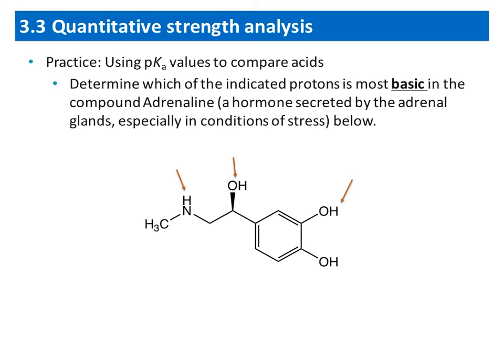And then the second step is to find the pKa values from the table. So the pKa for an amine is 38, alcohol is 16, and phenol is 9.9, approximately 10.